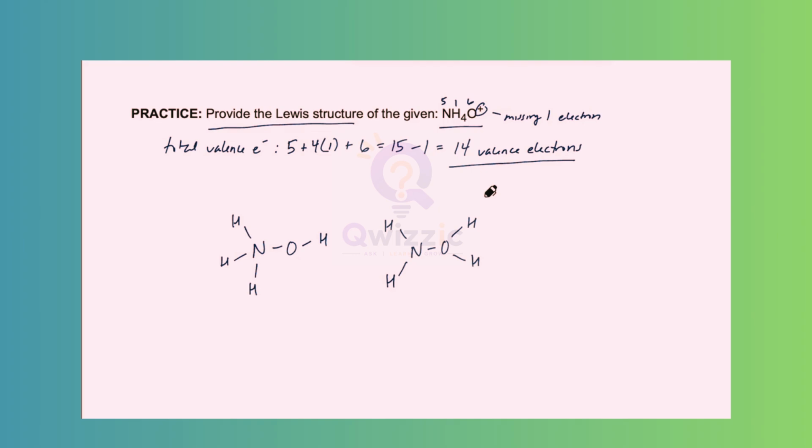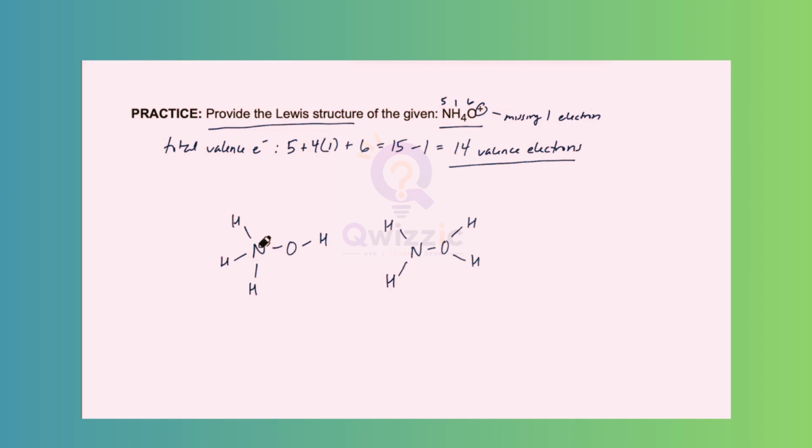So let's evaluate these two. So first, let's look at the total valence electrons in each of these structures. Does it match what we need? So from structure 1, with the 3 hydrogens on nitrogen, let's count the number of valence electrons. So first we need to know how many are here based on the sigma bonds, and that will let us know if there's any lone pairs that need to be placed, keeping in mind that the whole molecule should have a +1 charge.